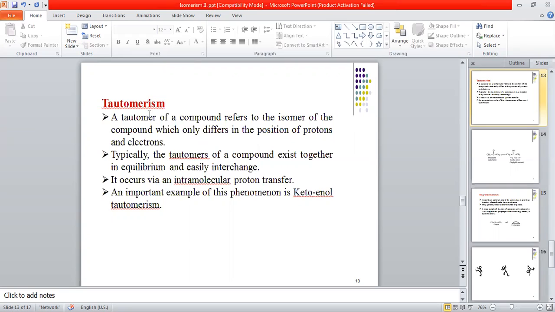Tautomers are also structural isomers of compounds which can easily interconvert.